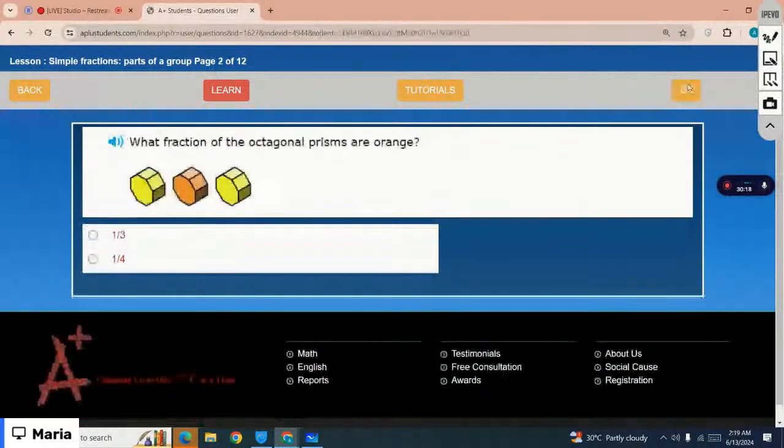What fraction of the octagonal prisms are orange? So which is the correct option?